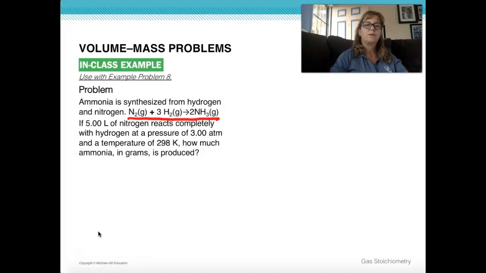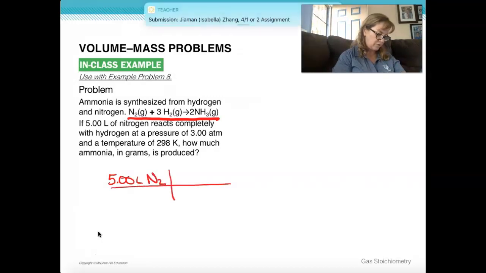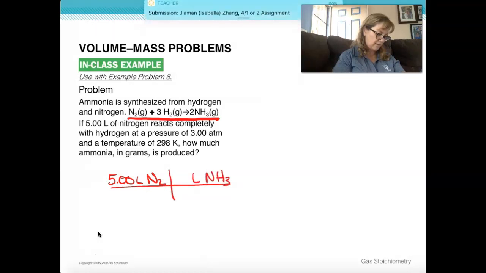So, if I know how many liters of nitrogen I'm reacting, I can find out how many liters of ammonia I produce. That's just using the stoichiometry. So 5 liters of nitrogen, and you're just using your stoichiometry to find out how many liters of ammonia that is.